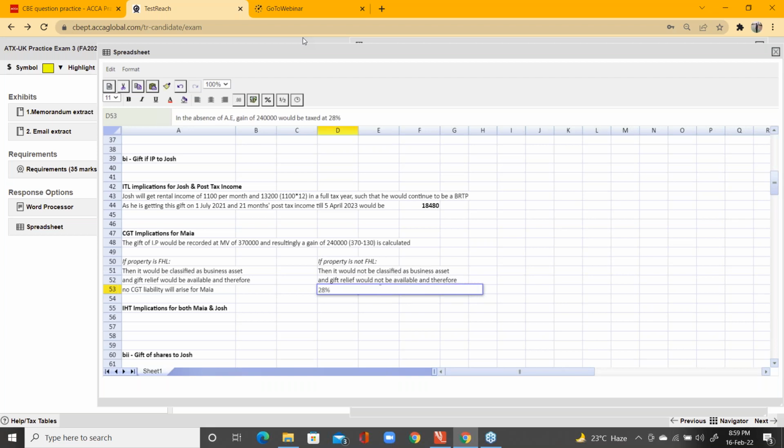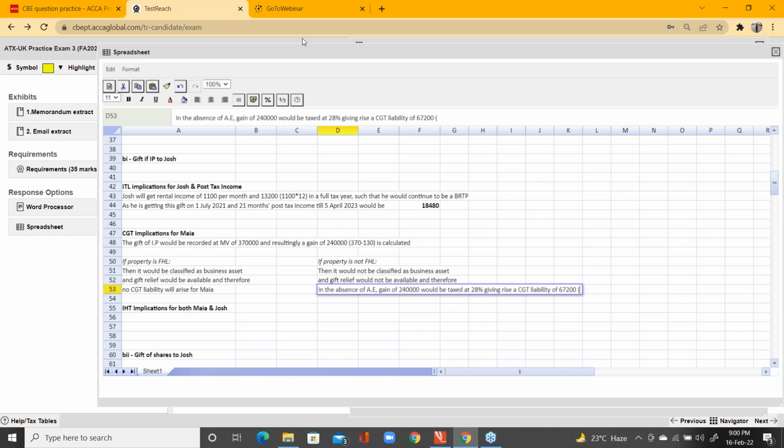the relevant CGT rate is 28%. Why? Because Maya is a higher rate taxpayer. For a higher rate taxpayer under CGT, there are two rates, 20% and 28%. 20% is for the rest of the assets and 28% is only applicable at the time of disposal of a residential property. 28% gives rise to a CGT liability of 67,200.